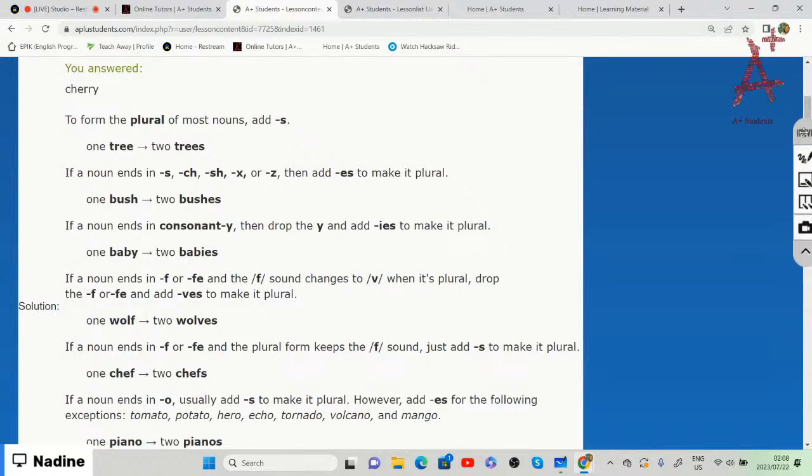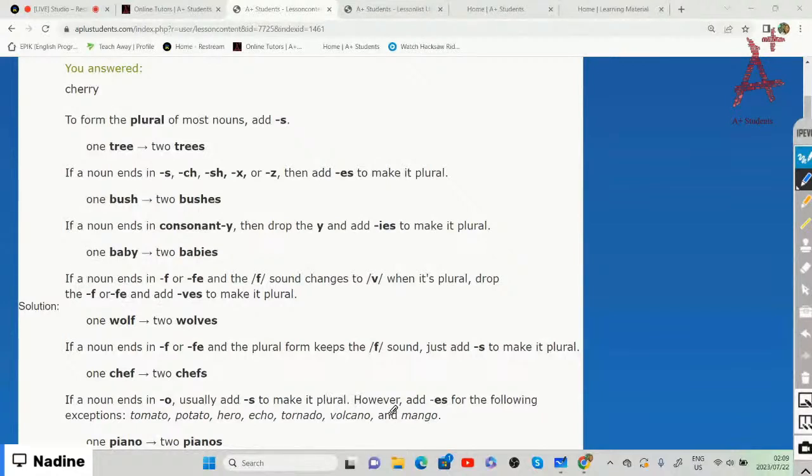Bush ends in sh, so it goes from one bush to two bushes. Remember, they said if it ends in a sh, we add the es to that word in order to change the form from a singular form to a plural form.